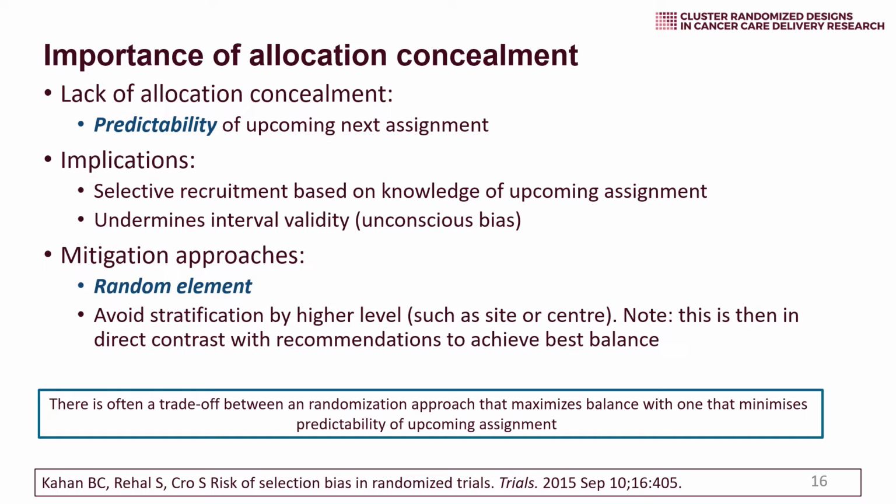And this is a recommended way of mitigating allocation concealment problems. But note that it's in direct contrast with recommendations that we've just presented to achieve best balance. So often there can be a trade-off between a randomization method in which you want to achieve best balance and one in which you want to ensure there are no problems with allocation concealment.